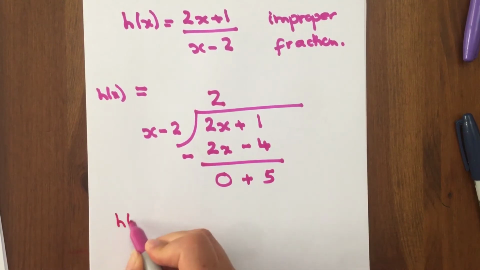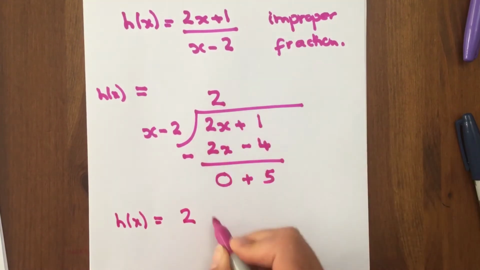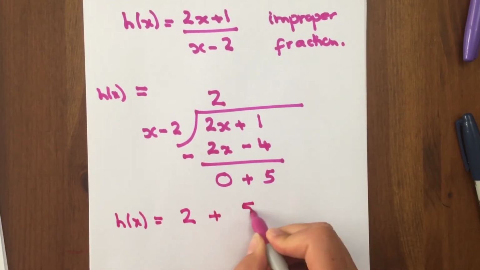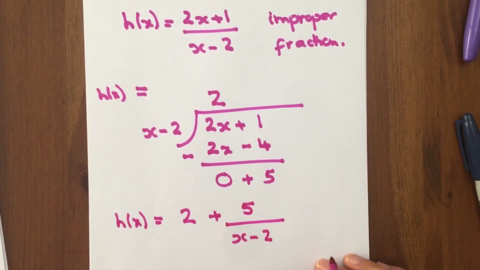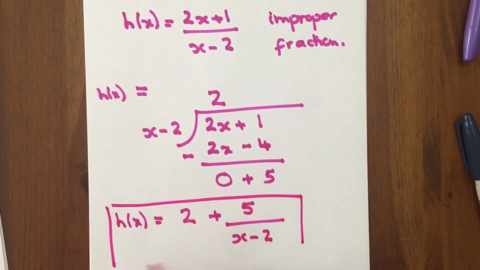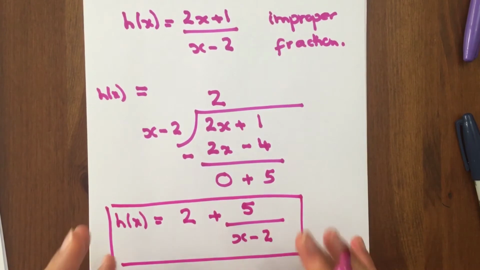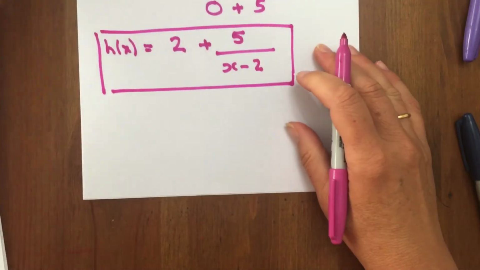So h of x is the same as saying 2 wholes plus a remainder of 5. And the remainder goes over what we were dividing by. So now I've changed my h of x into something I can now sketch. I know how to sketch this using transformations.